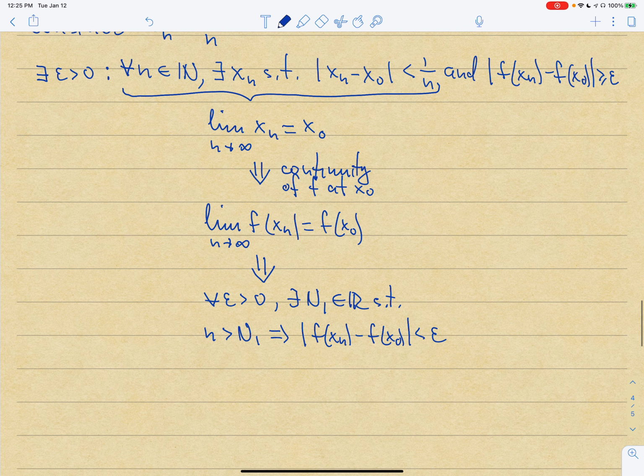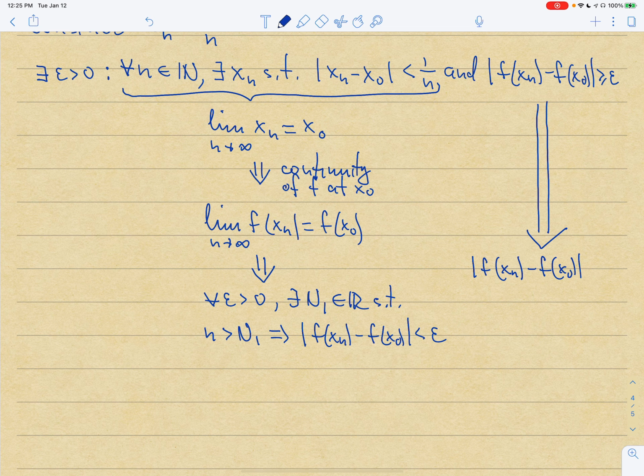Okay, but now if I appeal to this, what do I know? I know that f of xn minus f of x0 is greater or equal than epsilon for all n.